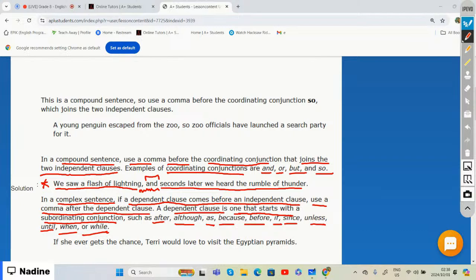And if we look at an example of a complex sentence, it says, if she ever gets the chance. Remember, there it starts with a subordinating conjunction. If she ever gets the chance, this is our dependent clause.